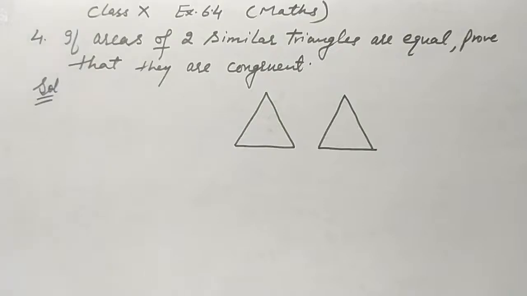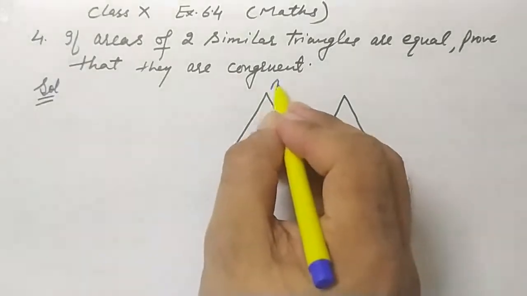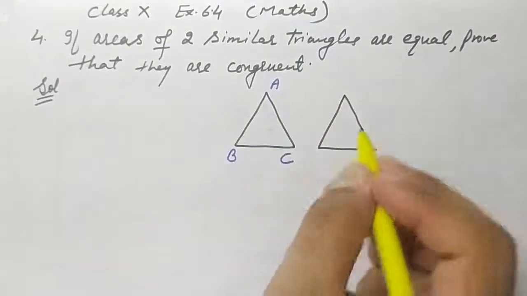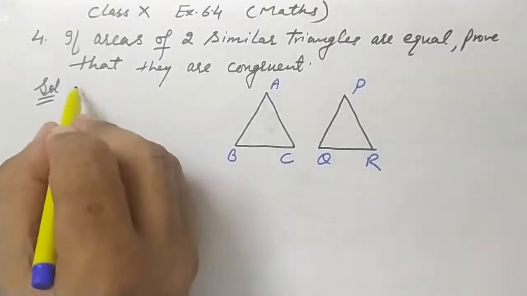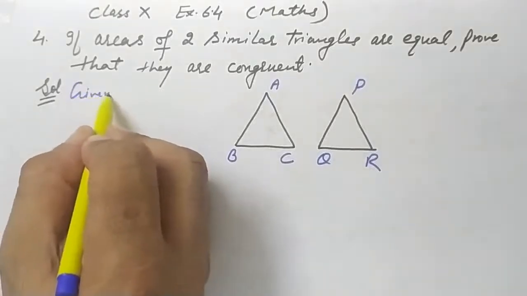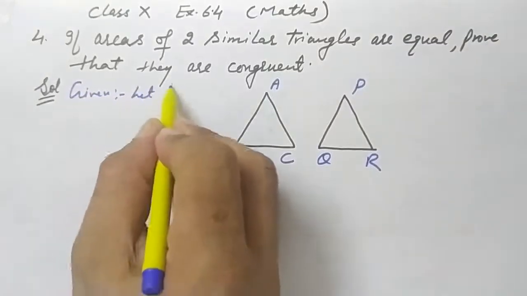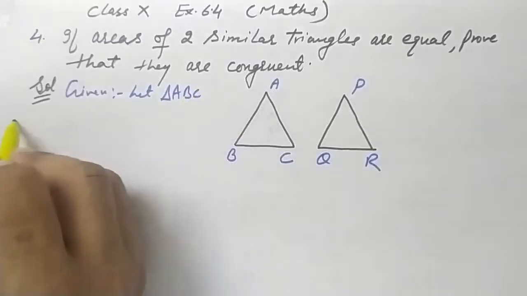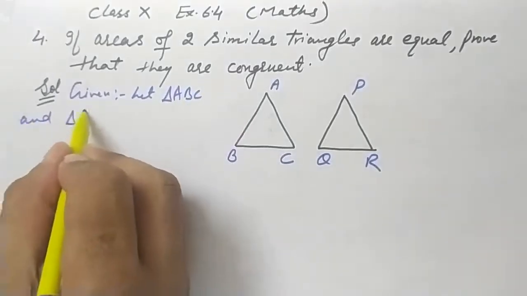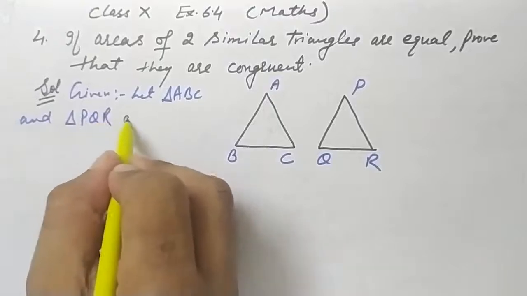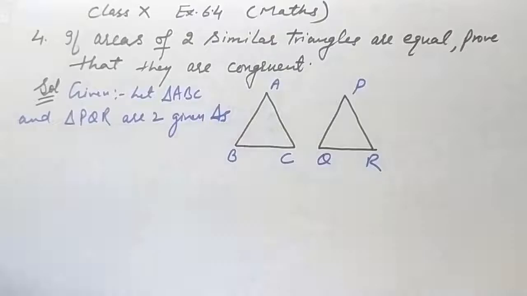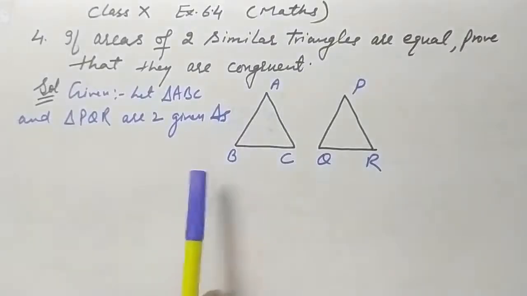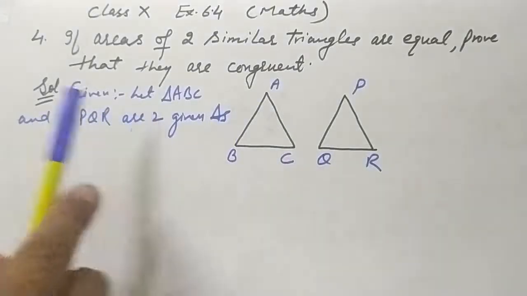So first of all, we'll assume these two triangles as triangle ABC and PQR, any name you can give to these triangles. So we'll write, let triangle ABC and triangle PQR be two given triangles.